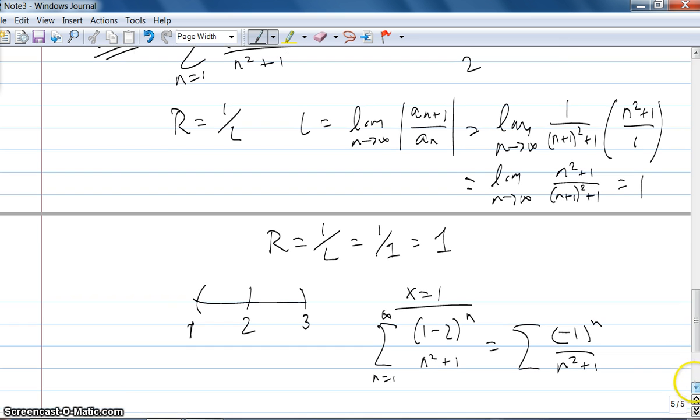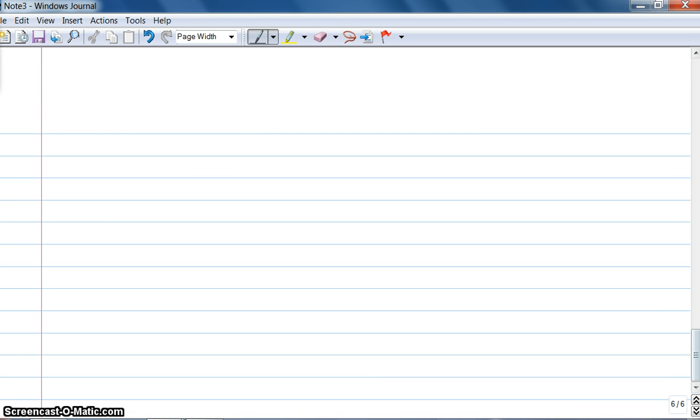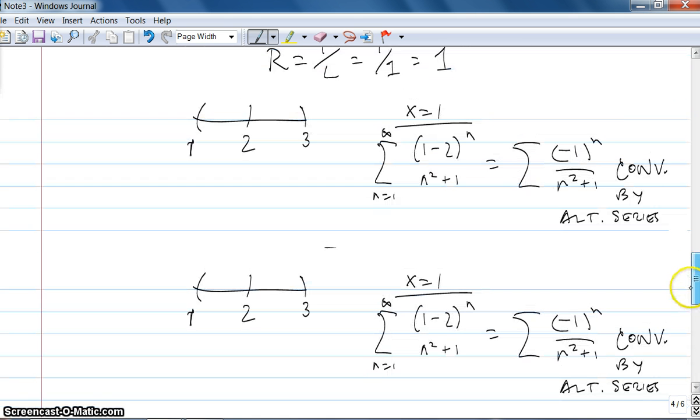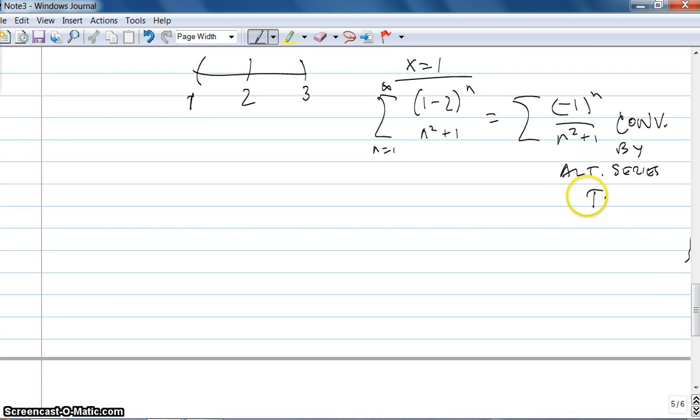This converges by the alternating series test. Okay, and then let's check the other endpoint.